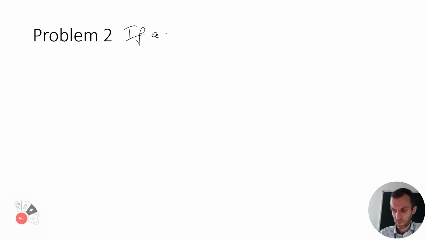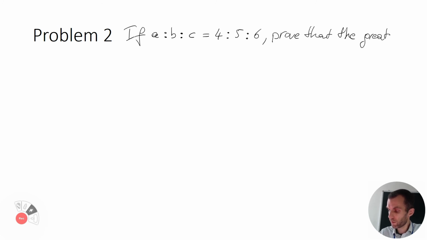So if a relates to b and b relates to c as 4 relates to 5 and 5 relates to 6, then prove that the greatest angle in the triangle is twice the size of the smallest angle.